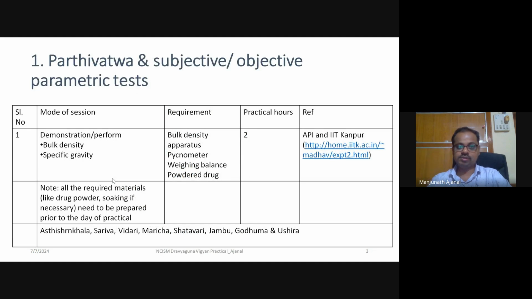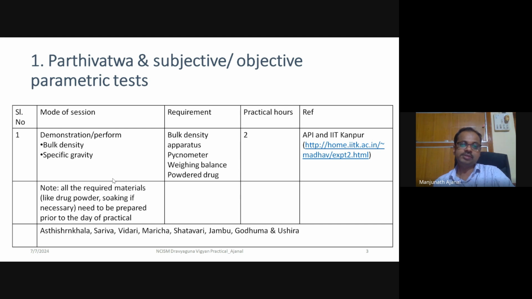So first, as you already started, the first session. Here we included the understanding of fundamentals of Dravyaguna like Mahabhuta, Rasaguna, etc. Here these practicals were included for understanding the examinations of various modern tools, like the Parthivatva Mahabhuta examination.